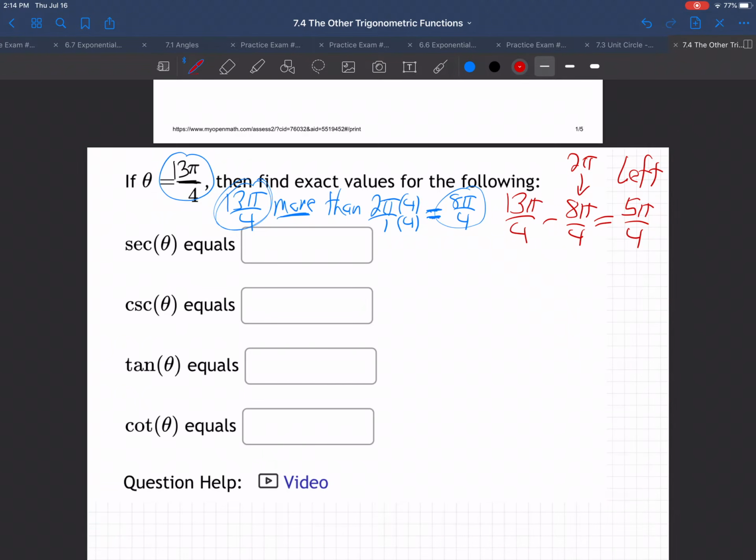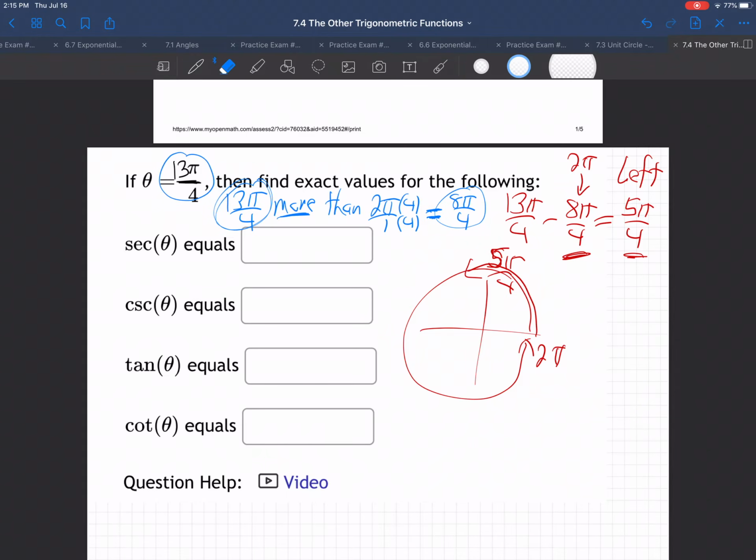Do you understand what I'm saying there? 13 pi over 4, take away a full rotation, leaves 5 pi over 4. So if you go all the way around, that's 2 pi, and you go 5 pi over 4 more, that's 13 pi over 4.